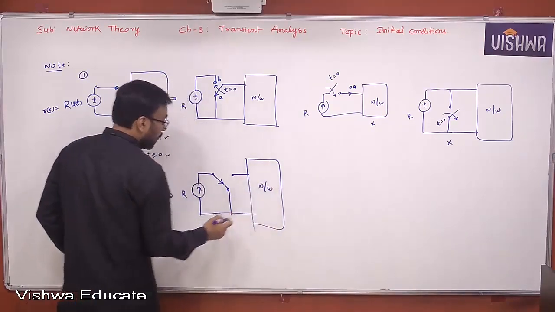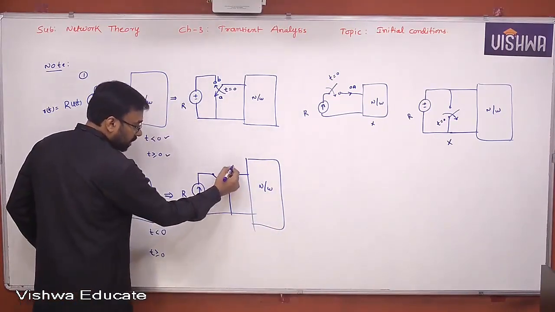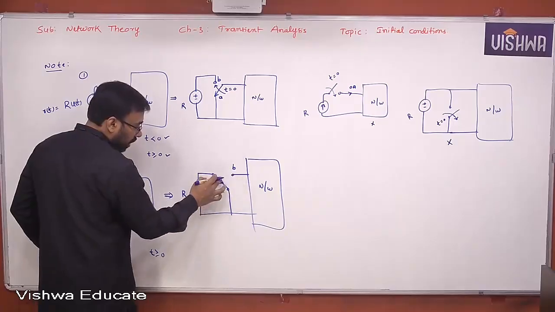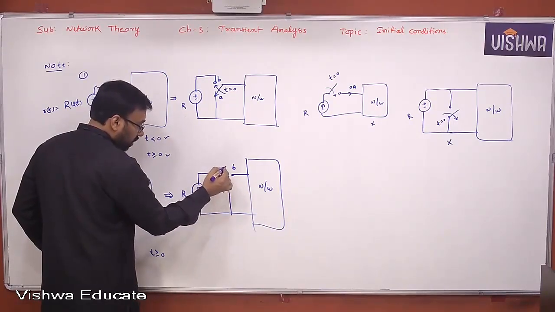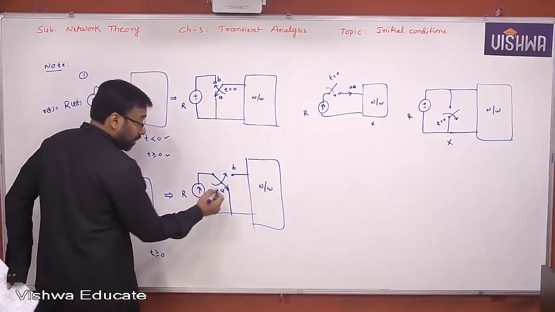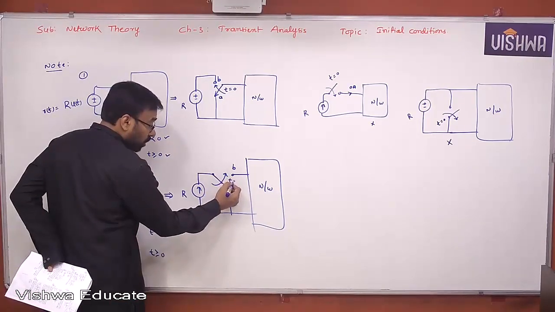This is the network. This is at A. This is at B. Now I'm going to move the switch from A to B, in 0 time, t equal to 0.